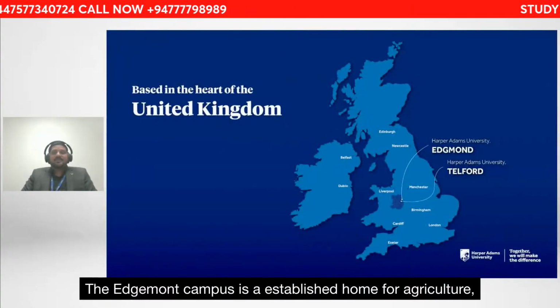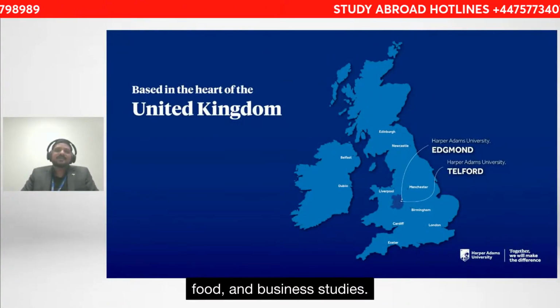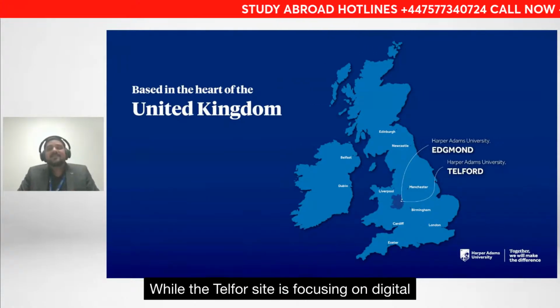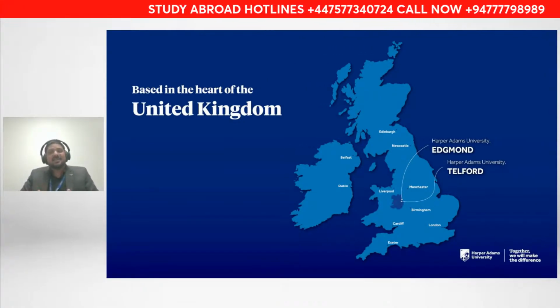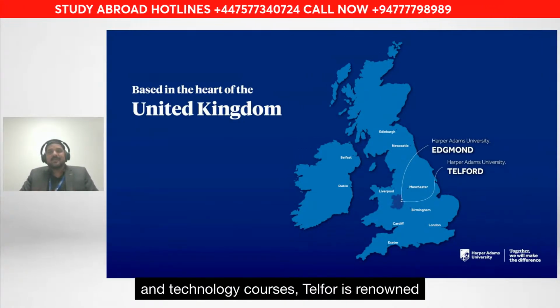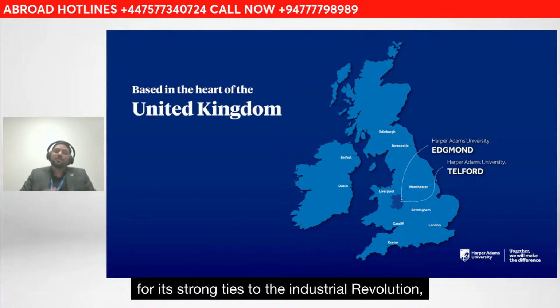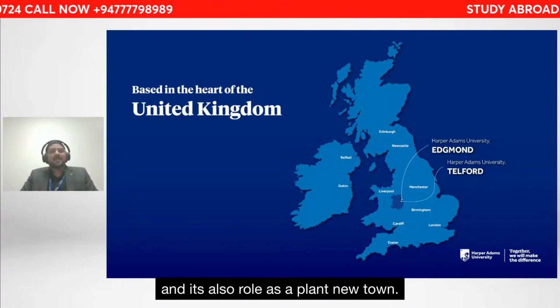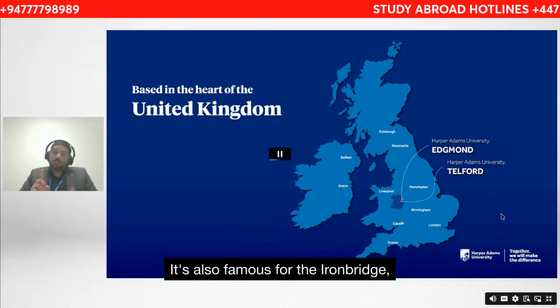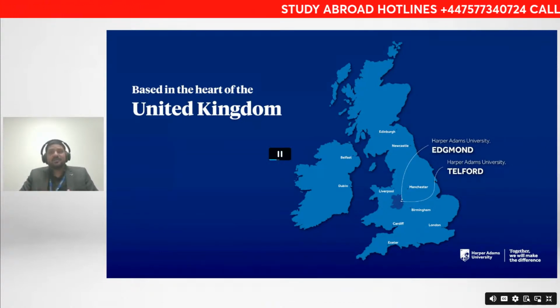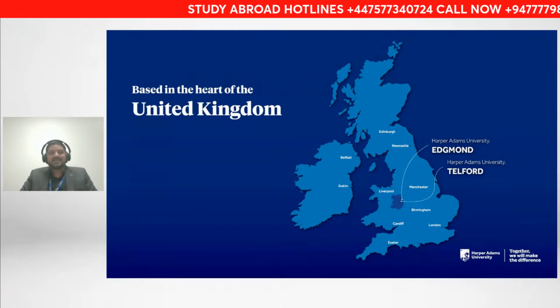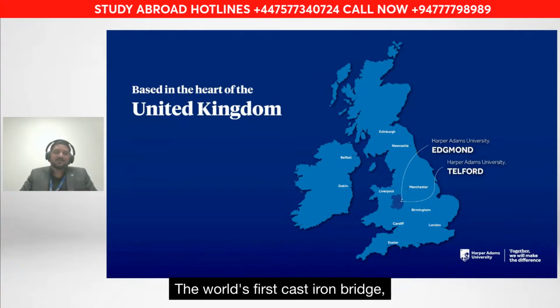The Edgmond campus is our established home for agriculture, food, and business studies, while the Telford site focuses on digital and technology courses. Telford is renowned for its strong ties to the Industrial Revolution and its role as a planned new town. It's also famous for the Iron Bridge, a UNESCO World Heritage Site, the world's first cast iron bridge.